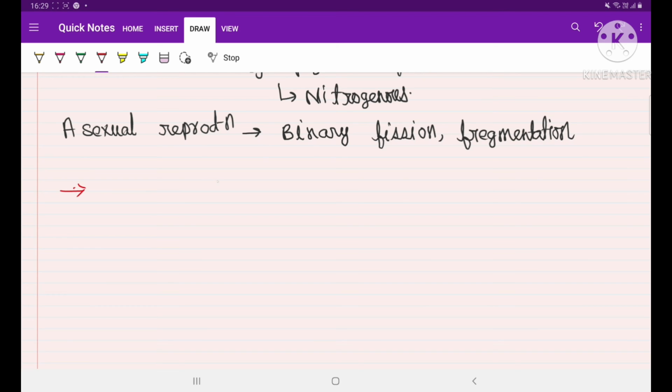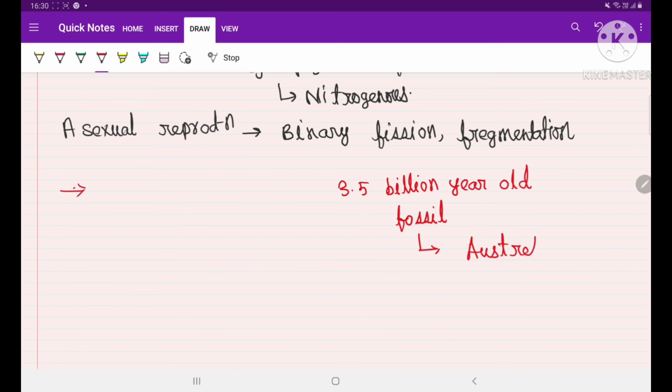Scientists believe that cyanobacteria are the oldest oxygenic photosynthetic organisms, and it is proved also: a 3.5 billion years old fossil of cyanobacteria was seen in Australia. That means they were the first organisms producing free oxygen.